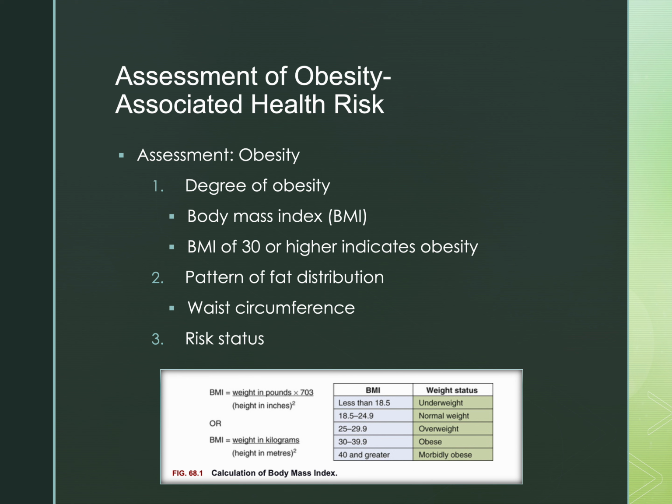And so this fat distribution is estimated simply by looking in the mirror and looking at the body shape. And what the book says is that an apple shape indicates that there's too much abdominal fat. A pear shape indicates that the fats are located primarily on the hips and the thighs, so there's a lower risk there. But we can also use a measurement of waist circumference, and this provides a quantitative estimate of abdominal fat.